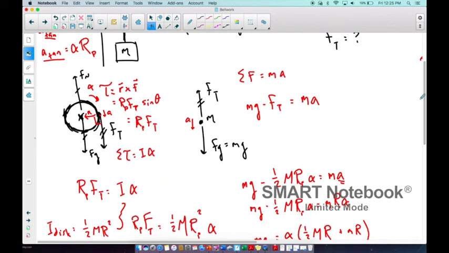So really the only thing that we're adding is that on these free body diagrams for extended objects that may rotate, you actually have to draw out the object. Draw any forces acting on the center of mass. Any force acting on the center of mass of the object does have the capability of accelerating that object translationally.